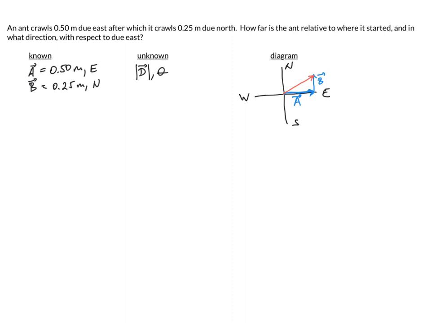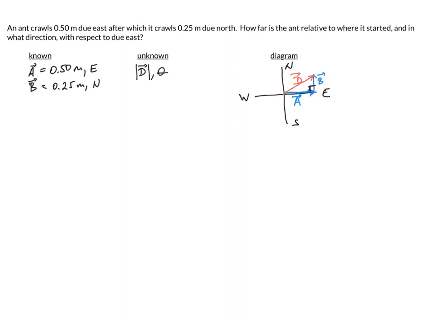Now, in this particular problem, we notice that we have a right angle right here because the ant goes first east and then north. So this is a very simple problem because we're just dealing with a right triangle, so we can use the Pythagorean theorem to solve for vector D, which I didn't label. Here it is.